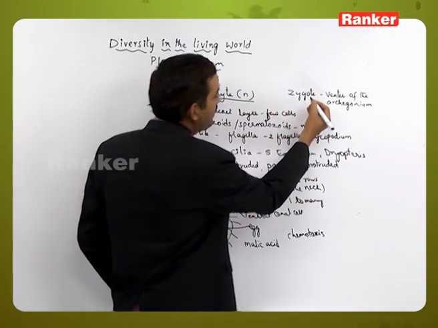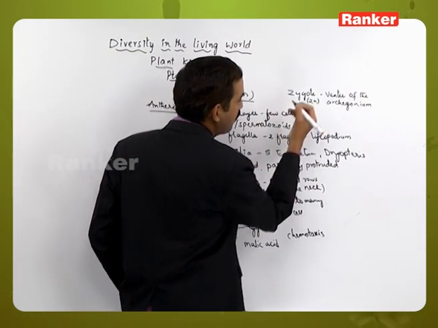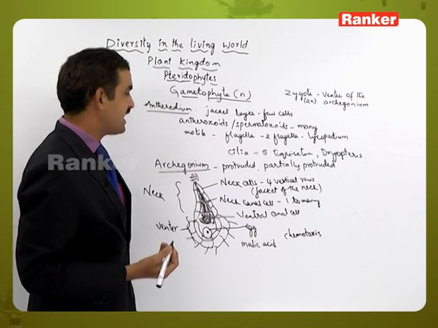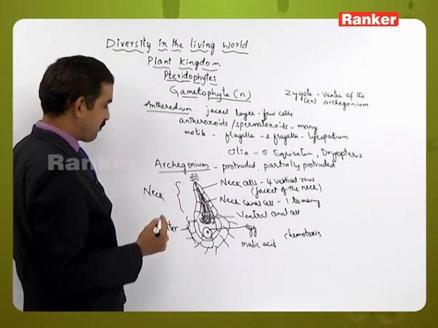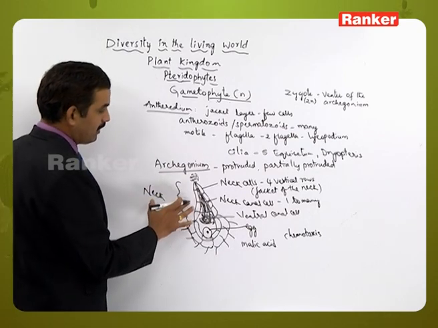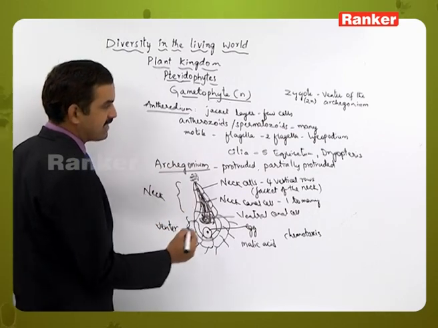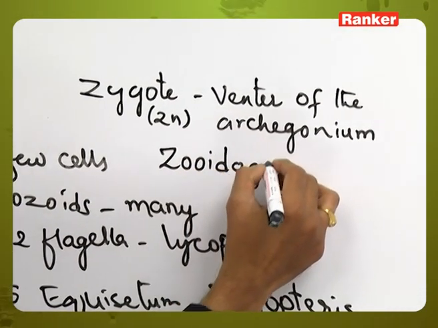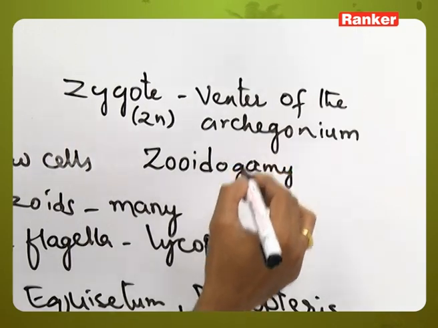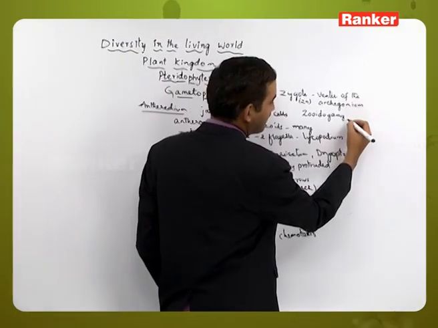Here, as we know, the zygote is a diploid cell, and it is the first cell of the sporophytic generation. Apart from that, the male gametes are motile, that is why we call it zoidogamy, and the sexual reproduction is of oogamous condition.